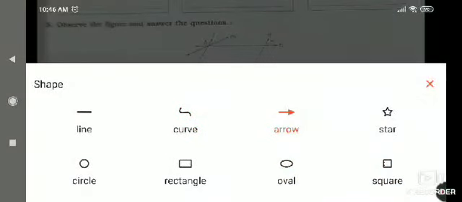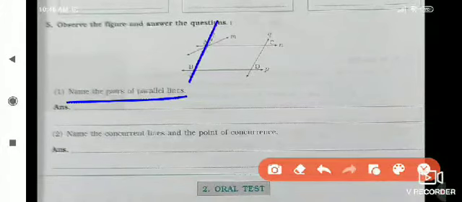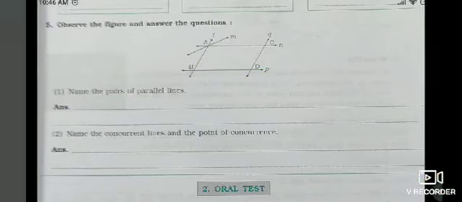If you see here, you will notice that this is line L and this is line Q. They are parallel to each other. And again line N is parallel to line P, because they do not intersect each other at any point.